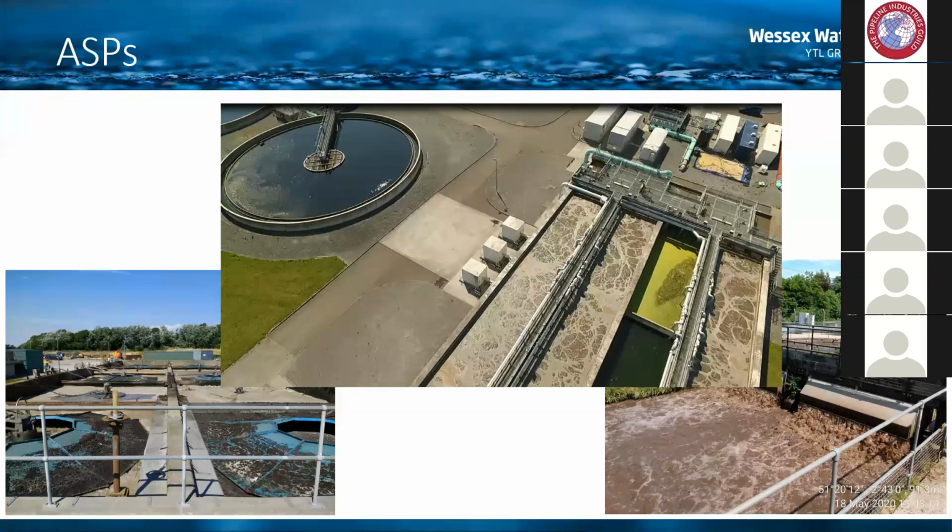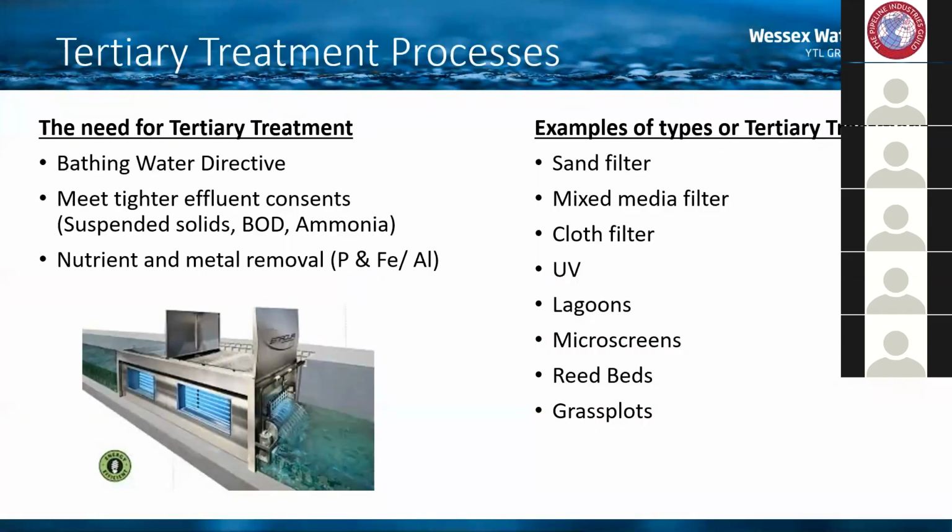So after the secondary treatment process, some sites, depending on the permit, may have a tertiary treatment process, and the need for tertiary treatment will depend very much on the site. It might be driven by things like the bathing water directive, where you may put UV treatment in to kill any viruses or bacteria and remove that E. coli before it goes out into a bathing water.